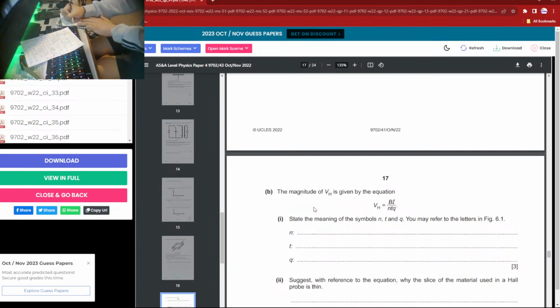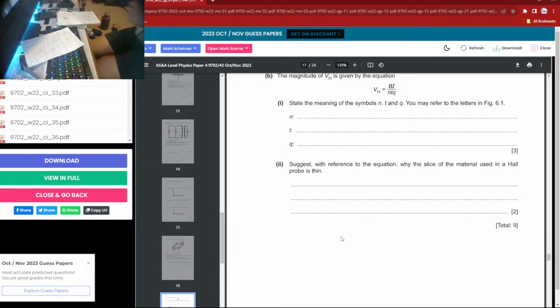T would be equal to the thickness, and Q will be equal to the charge of particles.